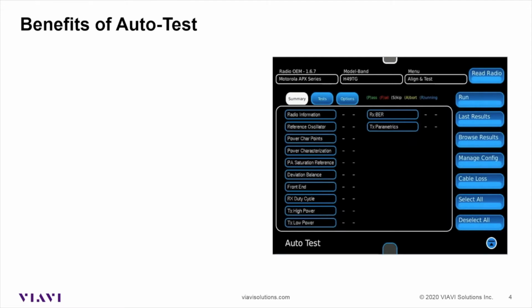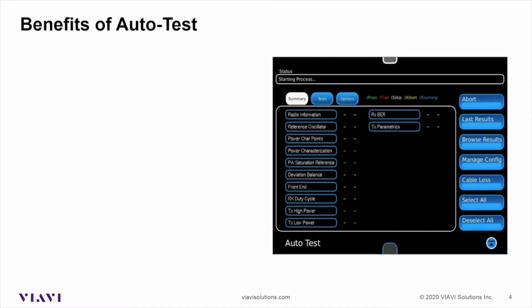When we talk about benefits of auto test, there are a number of benefits, but ultimately the goal is to make your service more valuable to your customer. And we do that in several ways. The first is all of our auto test applications are tested and evaluated by the radio manufacturer to ensure that what we're doing accomplishes what they want in the test and alignment of their radio.